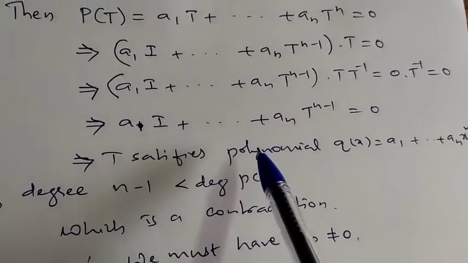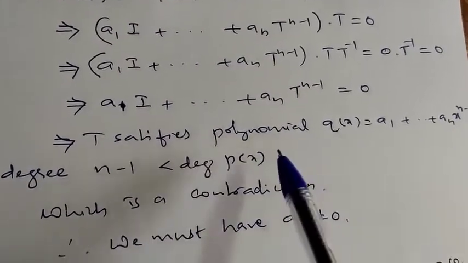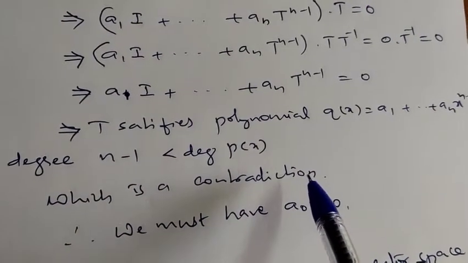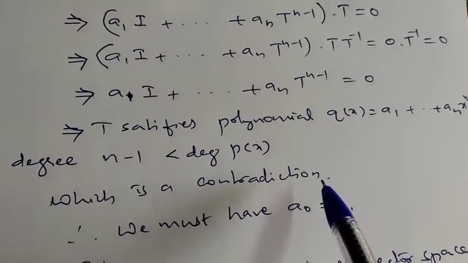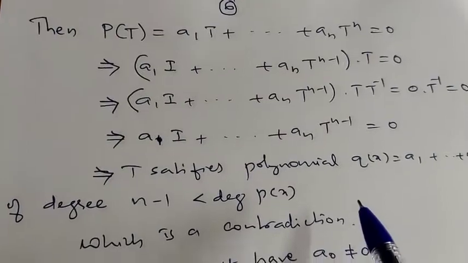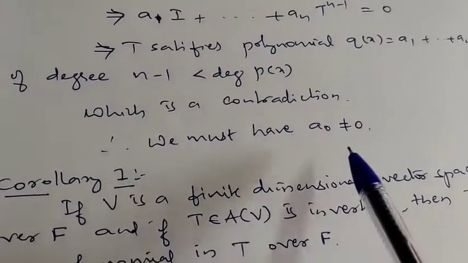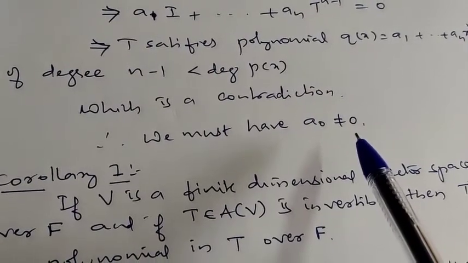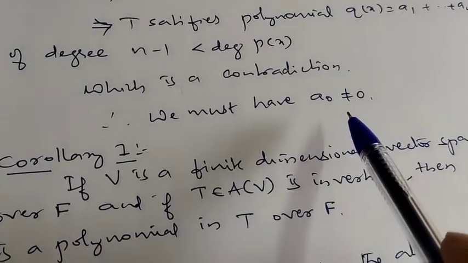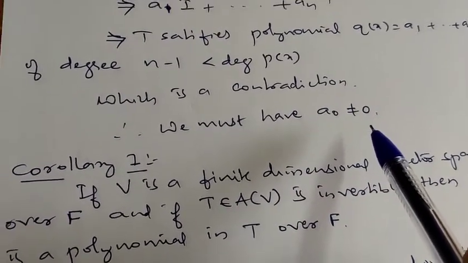But we arrive at a conclusion that T satisfies a polynomial of degree less than that of p(x), which is a contradiction to the fact that p(x) is the minimal polynomial. Why does this contradiction arise? Due to our assumption that the constant term a0 is equal to 0. Therefore a0 cannot be 0. Thus, T is invertible implies the constant term a0 of the minimal polynomial is not equal to 0.